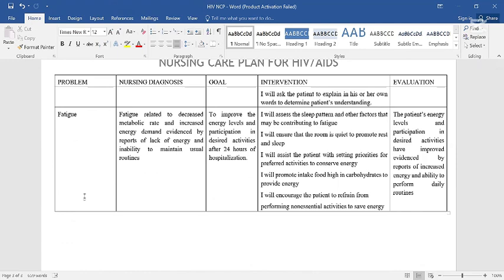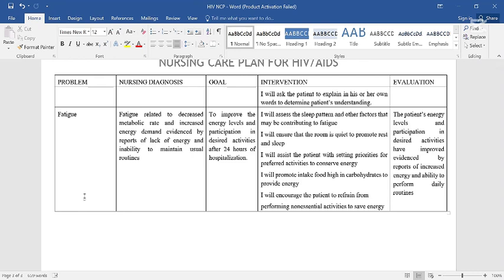And of course, we have fatigue as another problem. So you can put fatigue or activity intolerance. In that case, those two can be side by side, but we've chosen fatigue because in particular, these people will be mostly tired.